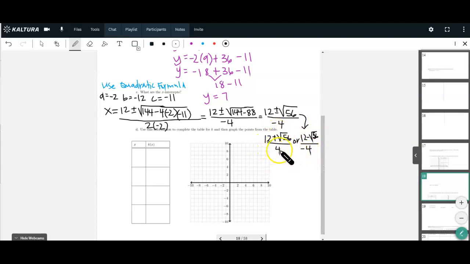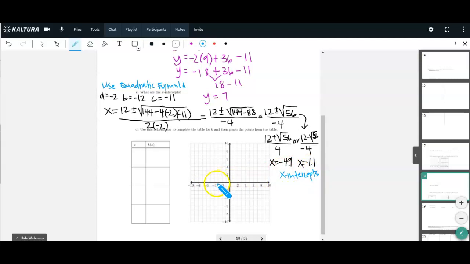If I put those into the calculator, on the first one I get x equals -4.9, and on the other one I get x equals -1.1. Remember, these are my x-intercepts.